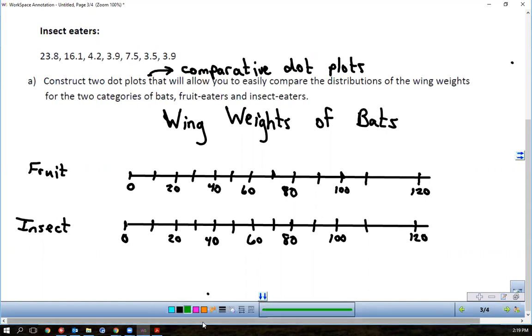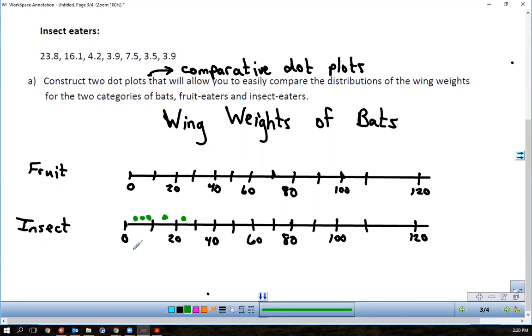Okay, insect eaters, we have a 23.8. So I'm going to go kind of halfway between 20 and 30 almost, maybe a quarter of the way to the dot. And we have a 16.1. So find approximately 16.1 to the dot. 4.2. 3.9. 4.2. 7.5.